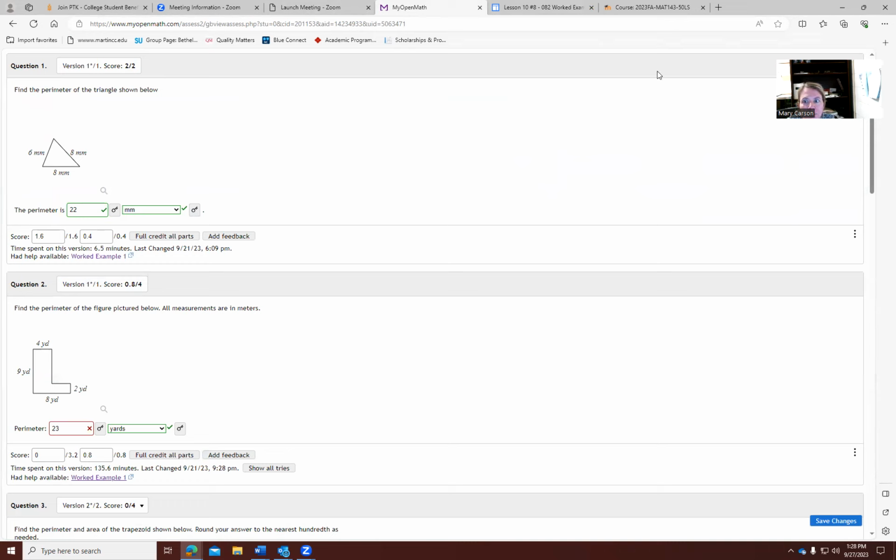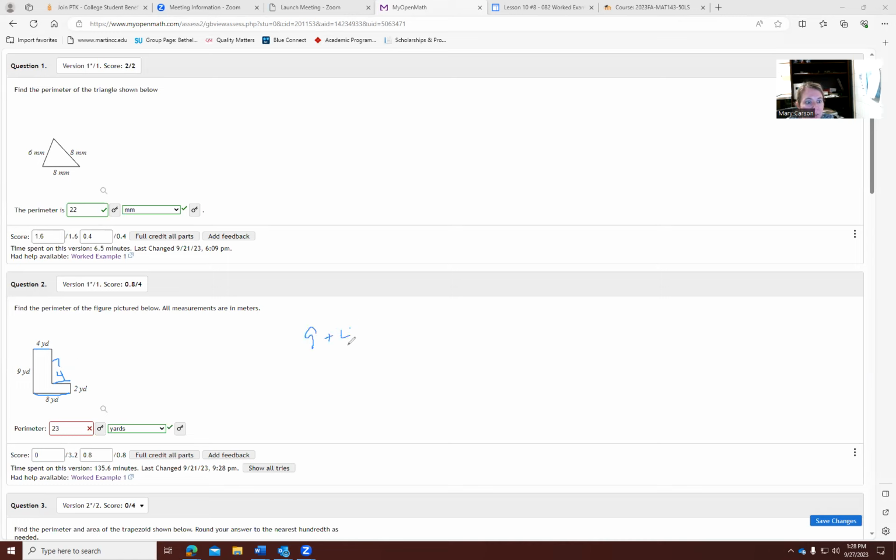So if this is 8 here, and this is 4 here, then what is this? Well, you've got to have 4. And if this whole side is 9, and this is 2, how much does that leave? That leaves 7. And then how do you find the perimeter? You add all the sides.